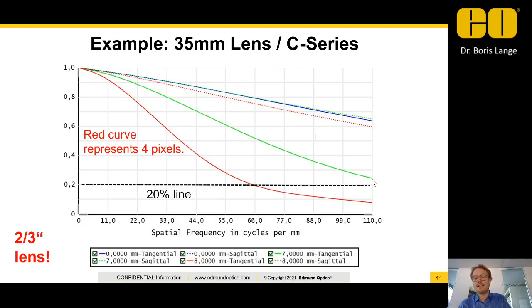So again, if you can live with good performance on 7 mm instead of 8, then this lens might be a very, very good option, especially if you need to keep a close eye on your budget, because of course a 2/3" format lens will be significantly cheaper than a 1" lens, also probably smaller and more lightweight. So these might also be some driving factors that come into play, depending on your exact application.